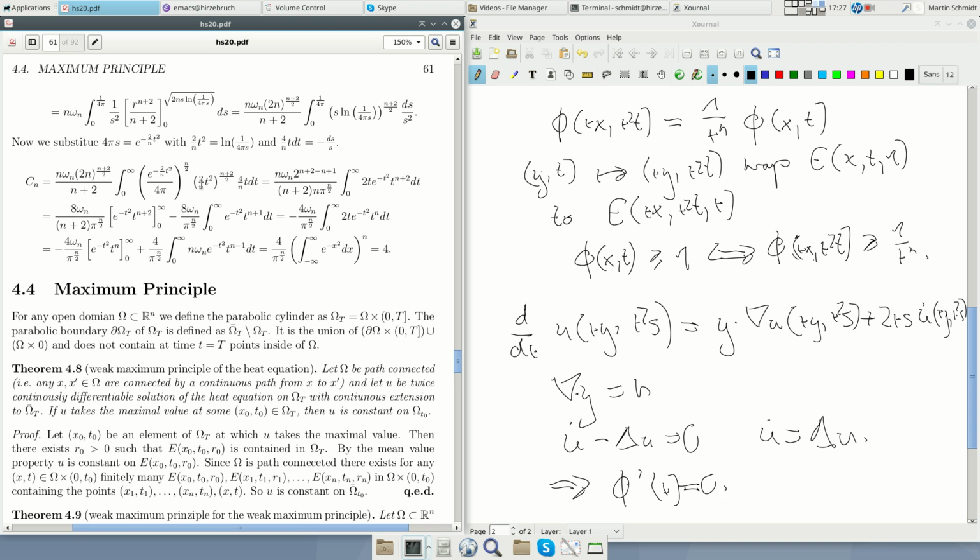Now what are the factors of t? How many t's do we have? We have here 1 t. Then we have here t to the power of n plus 2, over 2, and half t squared. So this is t to the power n plus 2, and t, this is t to the power n plus 3.